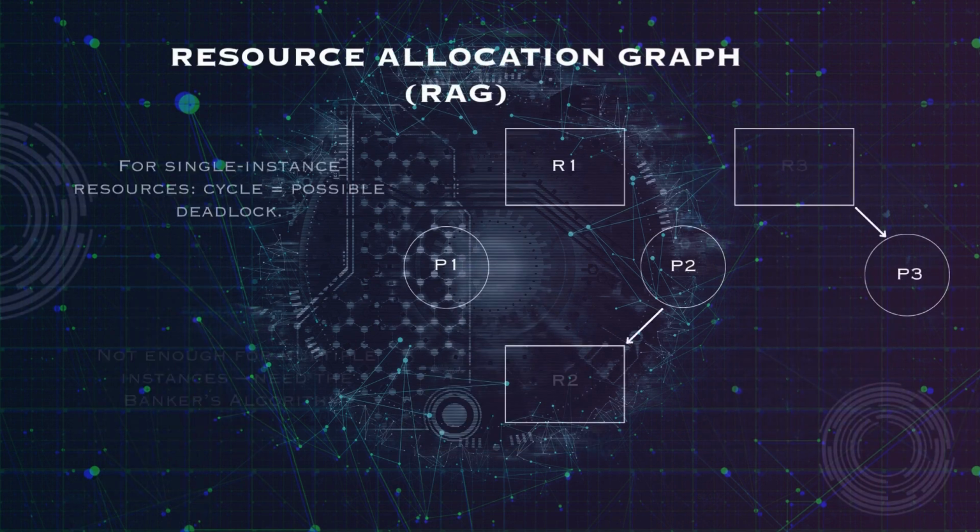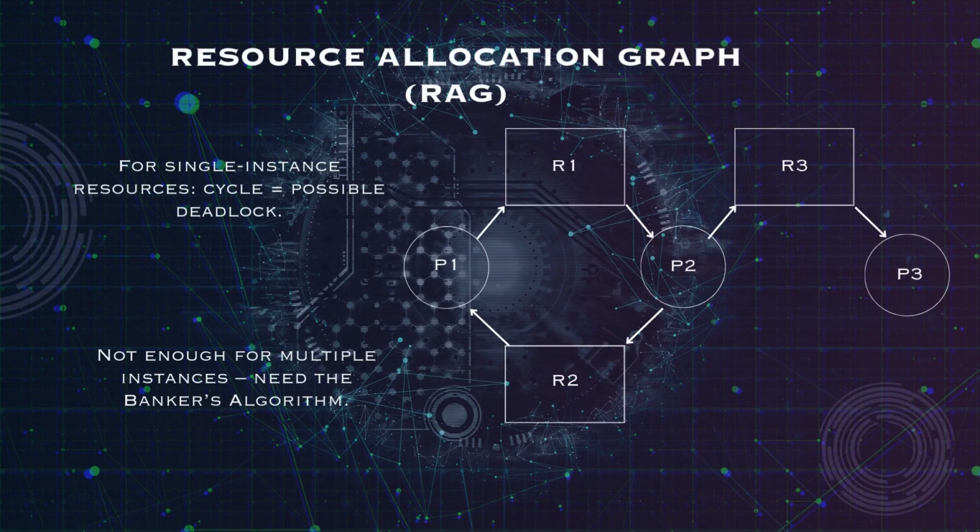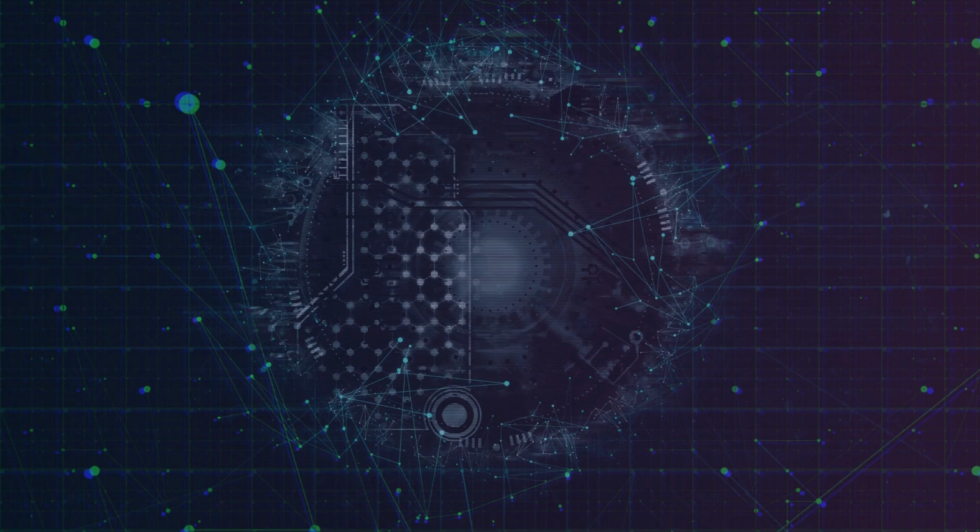Alright, for systems where there's only one instance of each resource, we can visualize requests and allocations with a resource allocation graph. If a cycle appears, that's a warning of possible deadlock. But for systems with multiple instances of resources, this simple graph isn't enough, and that's where the banker's algorithm comes in.